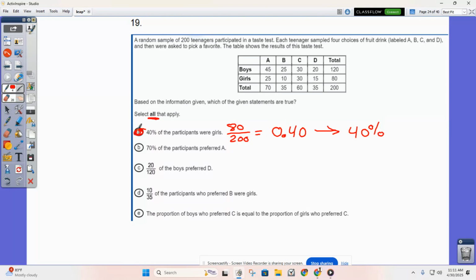So A is correct. Option B says 70% of the participants preferred A. The total that preferred A is 70 out of 200. Is that 70%? No, that's actually 35%. So this one is not correct.